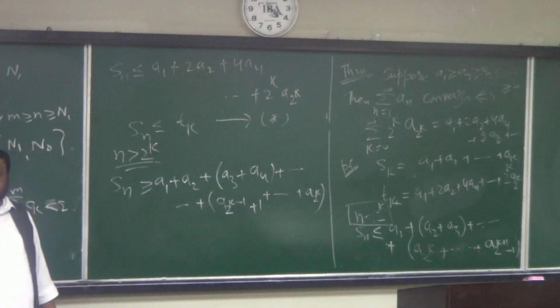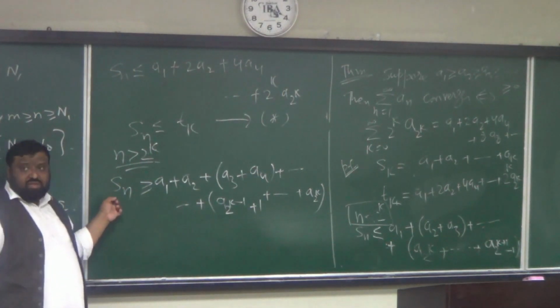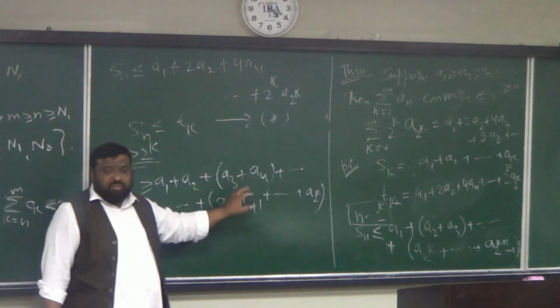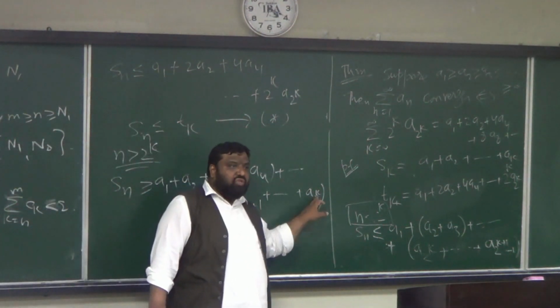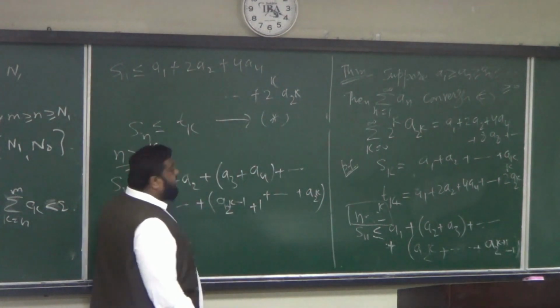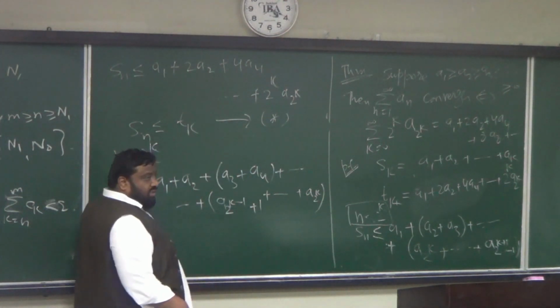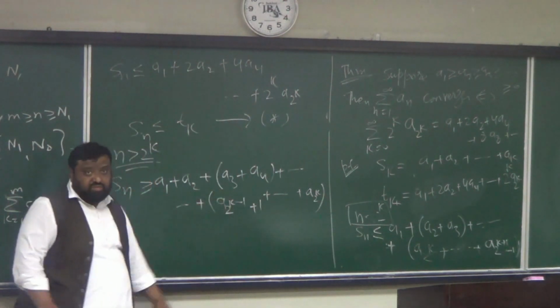So it will obviously be bigger than this, because this index ends at 2^k and n is bigger than that. Sn is going to contain more terms than this.